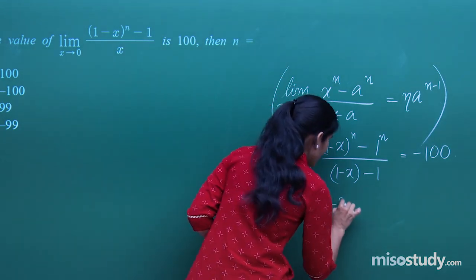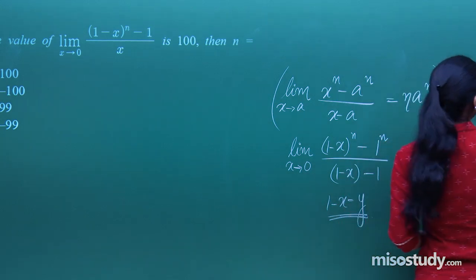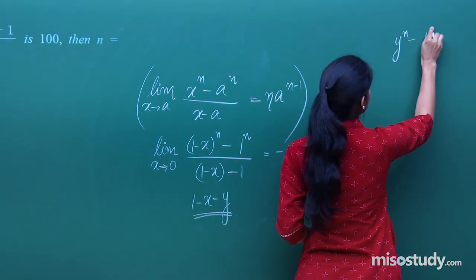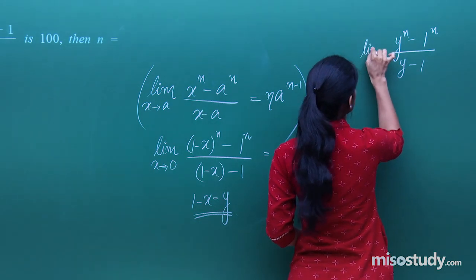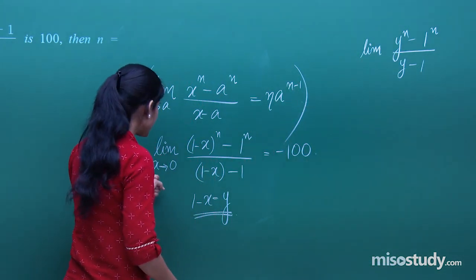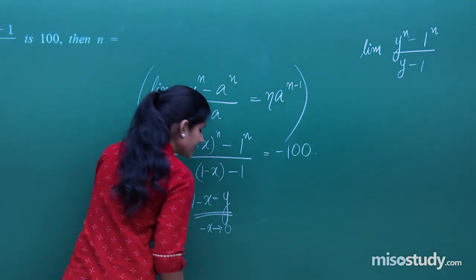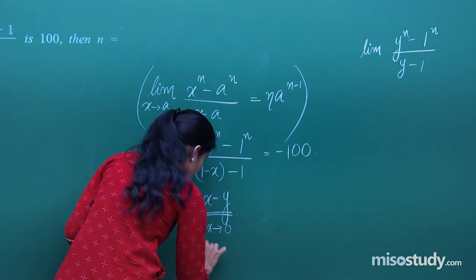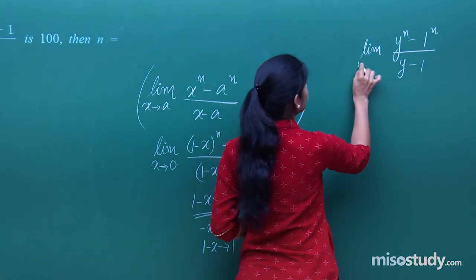So if I take 1 minus x equals y, I have y to the power n minus a to the power n whole upon y minus a. What I just need is limit y approaches to 1, and that is very simple. If x is approaching to 0, minus x also approaches to 0. So 1 minus x approaches to 1, that means y approaches to 1.